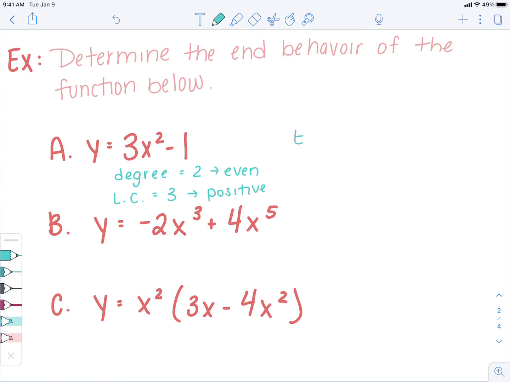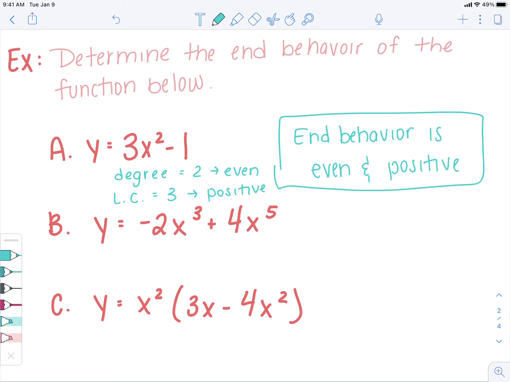So we would say the end behavior is even and positive, which tells me before I even pull out my calculator, or if I happen to forget what a quadratic function looks like that's moved down 1 and stretched by 3, if I forgot that, I know that this is an even function and it's acting positive, so both ends of the graph are going up. Do you possibly see where this is headed?